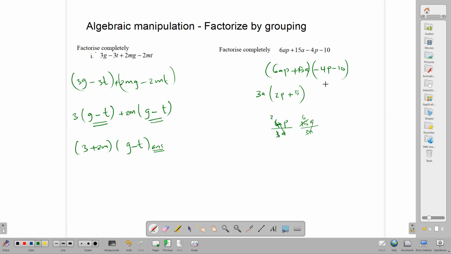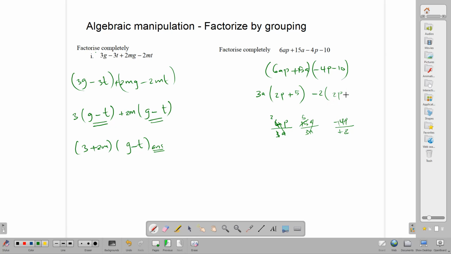Here, our common factor is going to be just minus 2 because there's no p attached to the 10. The only thing we can divide by is 2 for the 4 and the 10. But we use a negative 2 because the first term here in the bracket is negative. Negative 4p divided by negative 2 gives us a positive 2p.